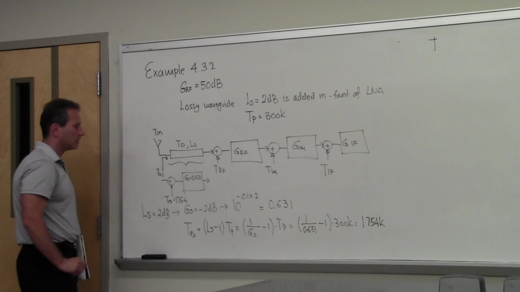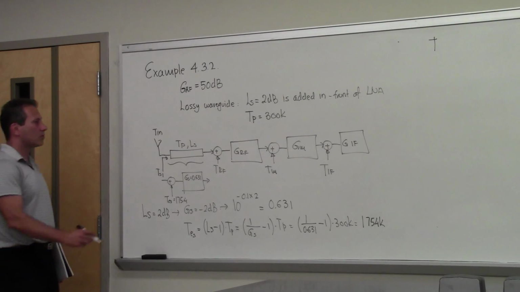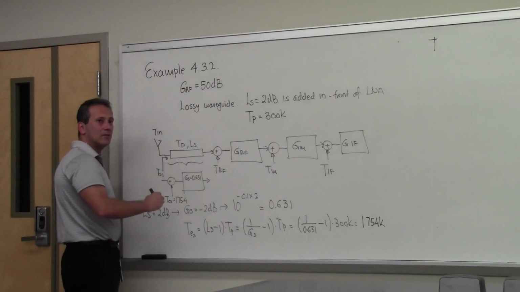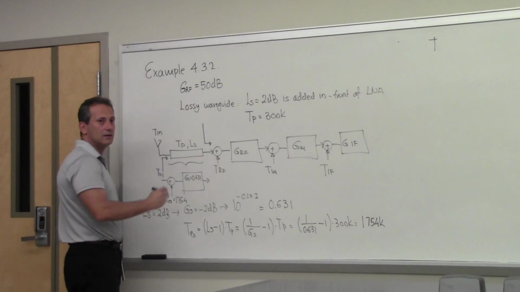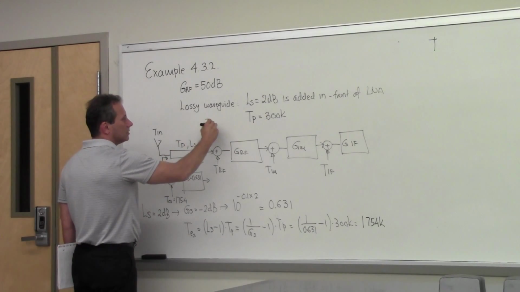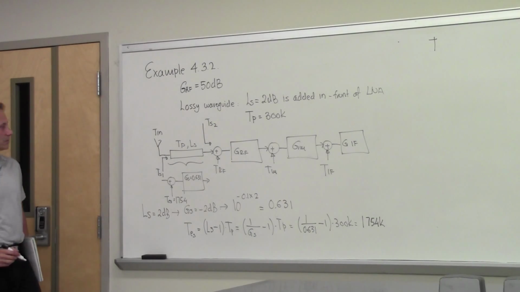This would be the equivalent noise temperature into the waveguide. But it's more common, even though you have a waveguide, to reference everything in front of the LNA. So this would be TS2. So let's calculate both of these noise temperatures.